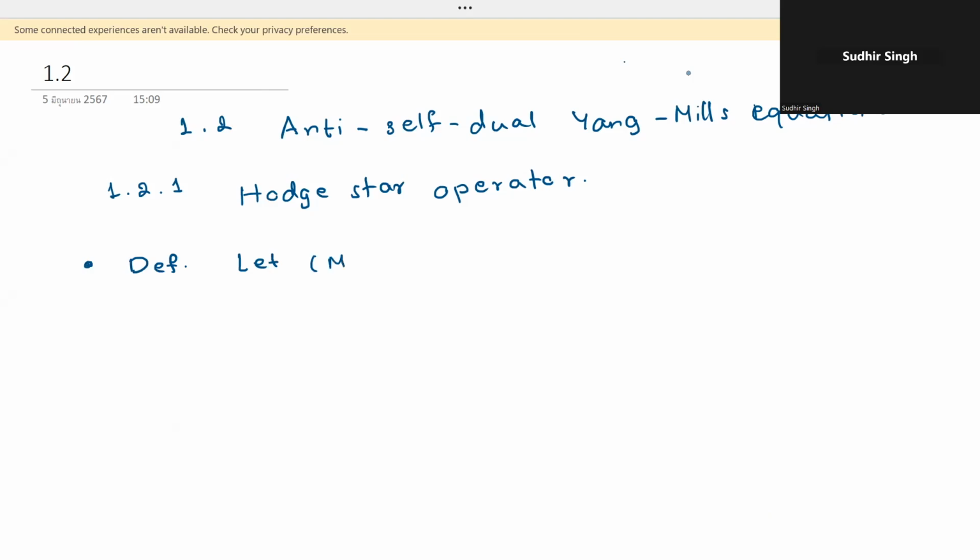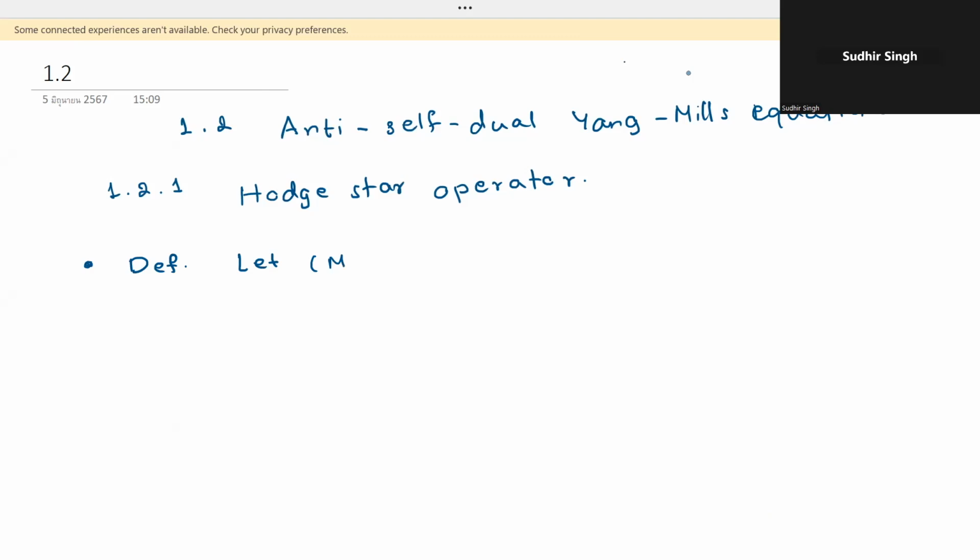So in our setting now, before this, we just looked at vector bundles over a smooth manifold, and it's just a manifold without any structure.